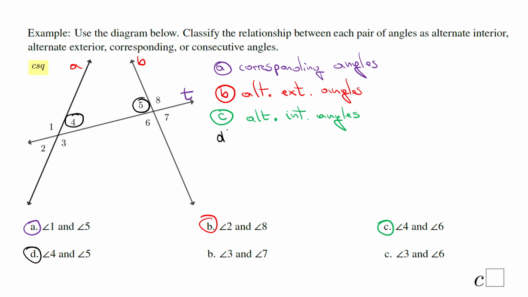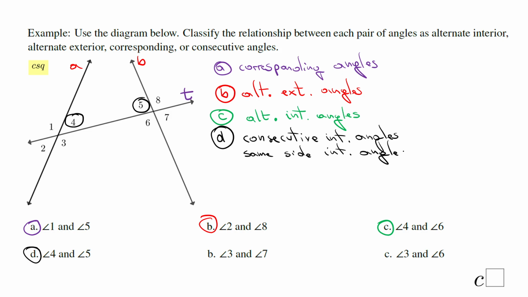We call them consecutive interior angles. There is another name you may hear for this angle, which I should mention, same side interior angle. In case you hear it, it means the same thing.